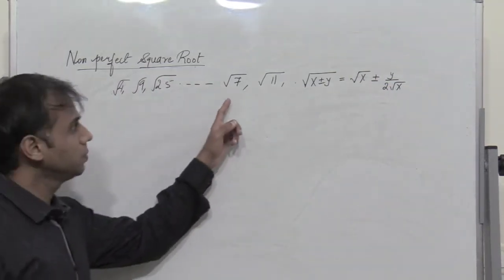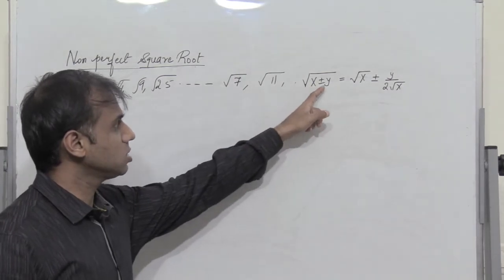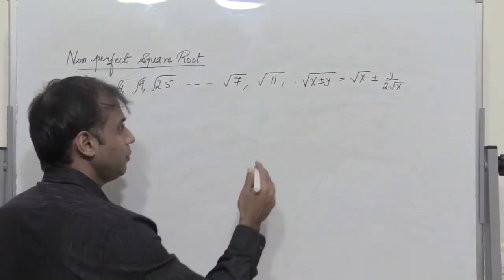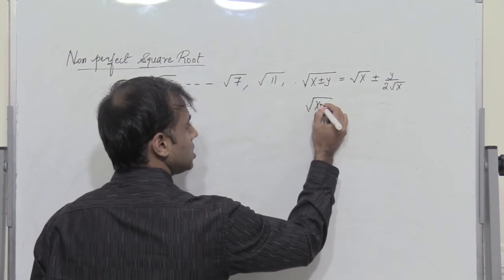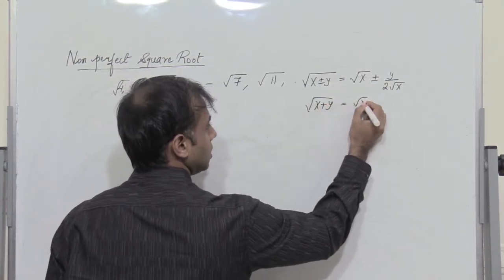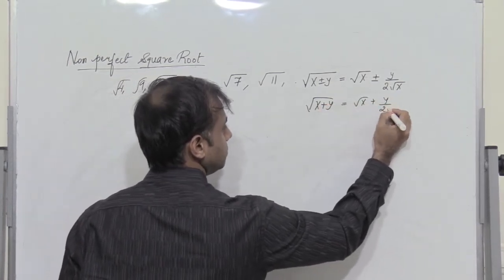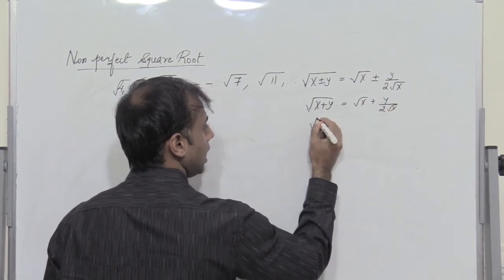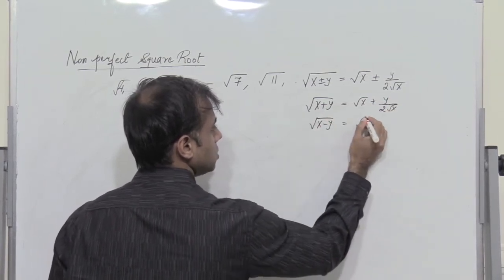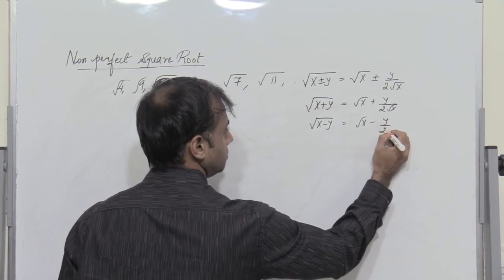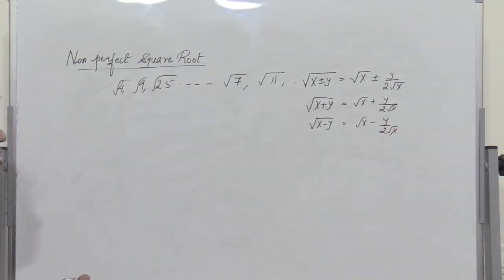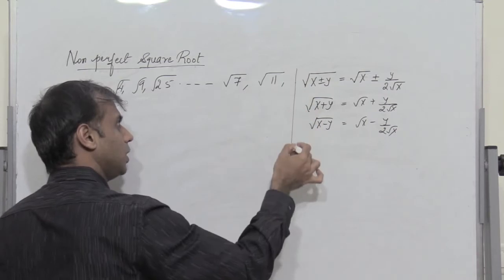Any number is written as x plus or minus y. If I have x plus y, it becomes plus, and if I have x minus y, it becomes minus. This is a very simple technique to find the square root.